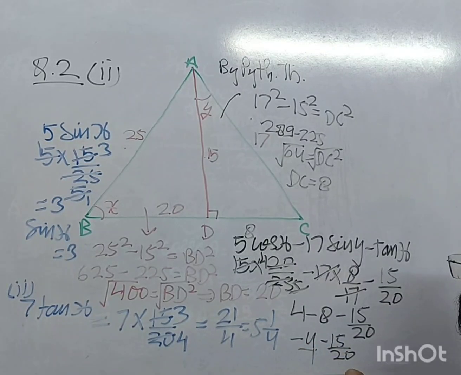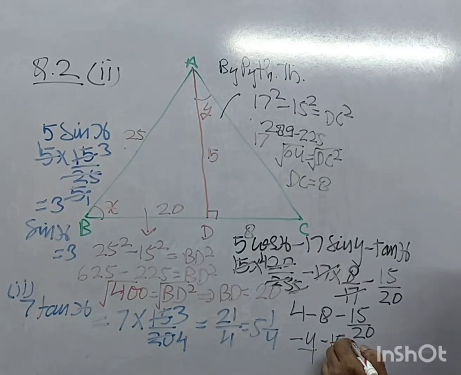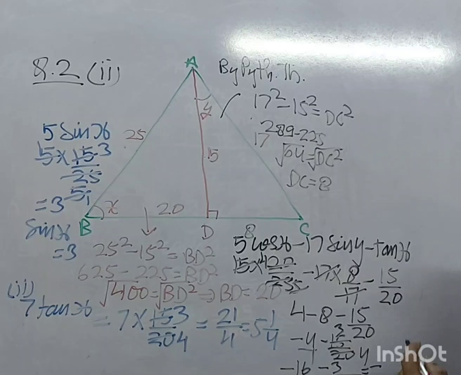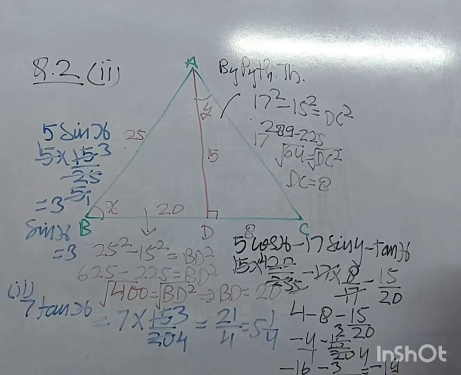Sir, we can cancel 15 by 20. Alright, it is 3 by 4. So you take 4 as common, it becomes 16 minus 3. It becomes minus 19 by 4. What is your answer?